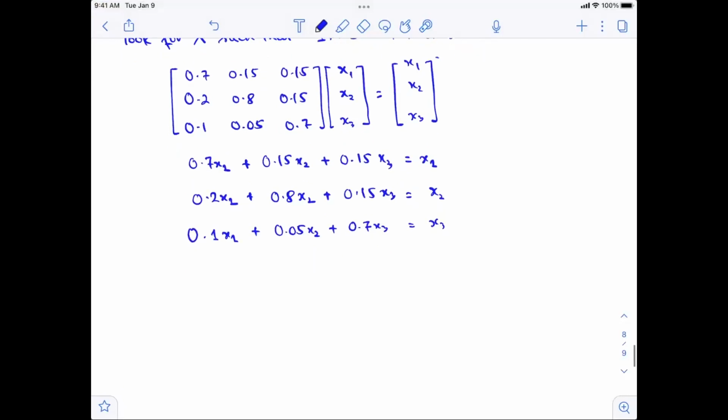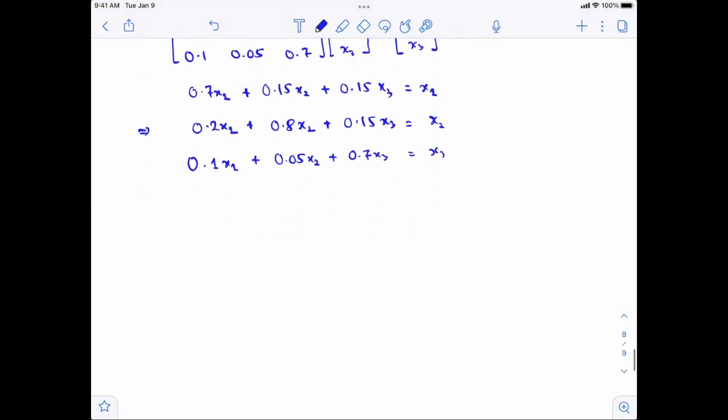Now you have a system of 3 linear equations with 3 unknowns, right? And I'm going to combine like terms and obtain the following homogeneous system. So I'm going to move X1 to the left-hand side, X2 to the left-hand side, and X3 to the left-hand side, and I get negative 0.3 X1 plus 0.15 X2 plus 0.15 X3 equal to 0.